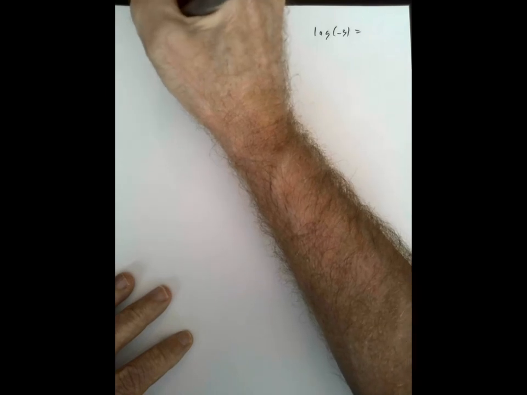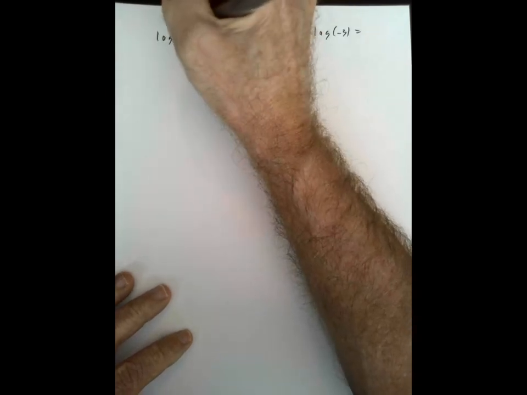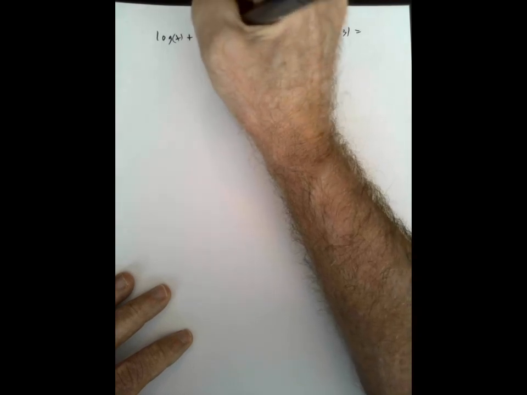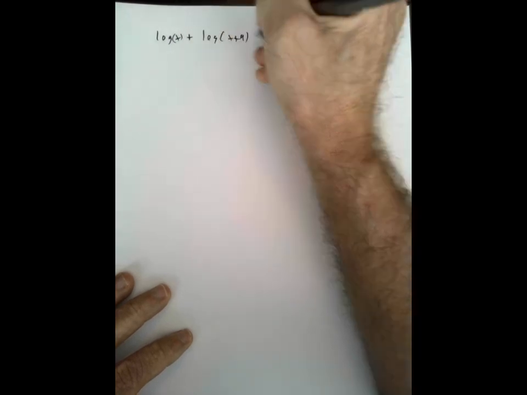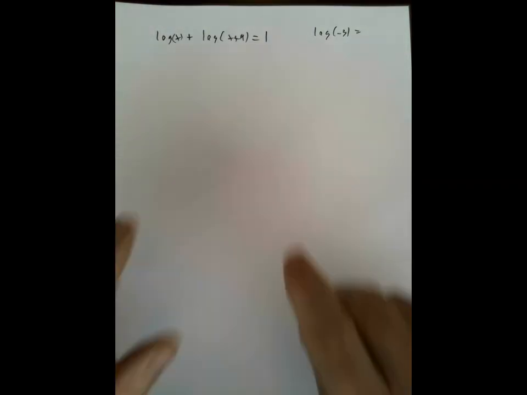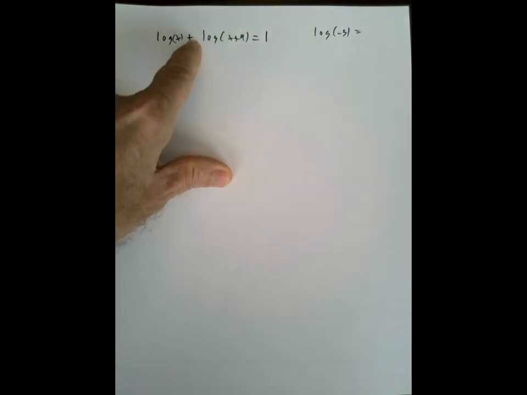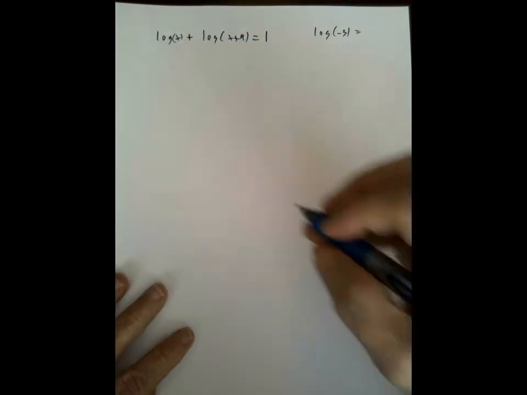So how does that affect us now? Well, let's say we're trying to solve this equation here: log x plus log of x plus 9 is equal to 1. We're going to combine the log terms. Addition on the outside is multiplication on the inside.